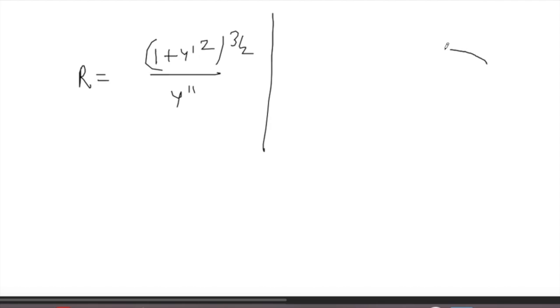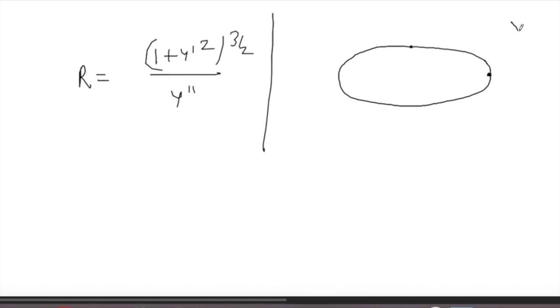Sometimes you need radius of curvature for an elliptical path, because if you want to apply Newton's law for a planet which is revolving on an elliptical path, then you need to know the radius of curvature at this point, or any general point.